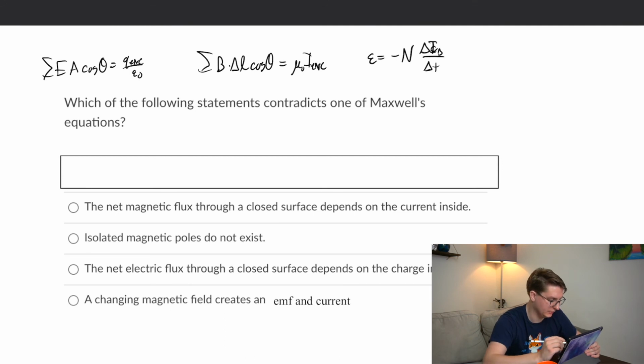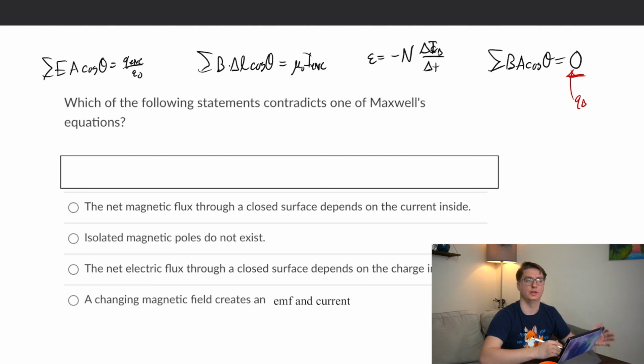And then there's one that looks essentially like Gauss's law, but you just do the same thing for magnetic fields, and you'll find that it always equals zero. Always equals zero, kind of an oddity of nature, because what should go in there is magnetic charges. So as far as we understand, there actually aren't any magnetic charges.